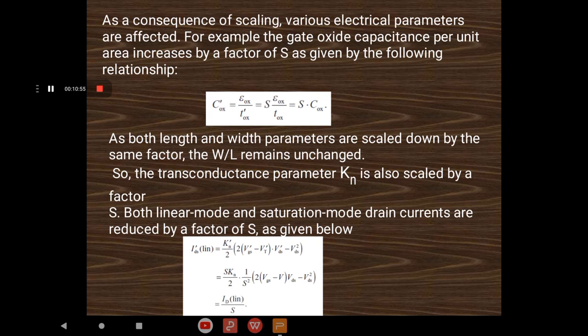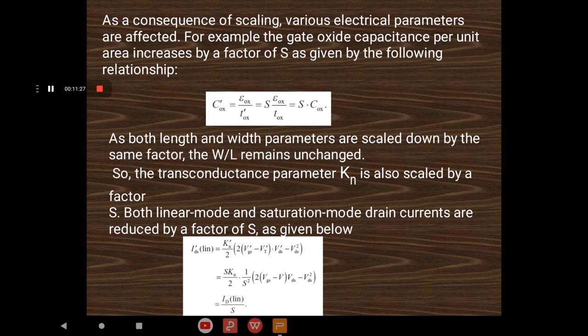So both the linear mode and saturation mode drain currents are decreased by a factor of S, which is represented by the equation IDS dash (linear) equal to Kn dash by 2 into (VGS minus VT) into VDS minus VDS square. Here, all these are represented in dash format, which represents the new generation.